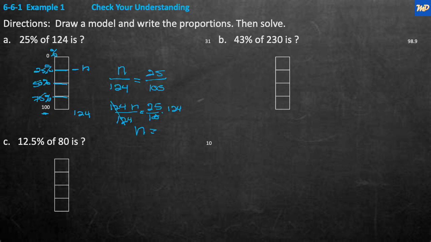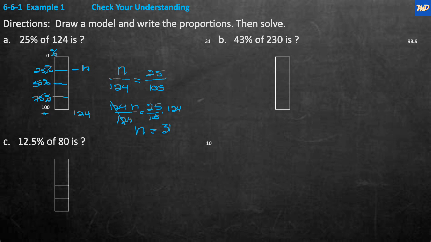I guess we could look at it that way, or we could multiply 124 times 25 and divide by 100. With your calculator, you're going to find that the answer is 31. So 31 is what n is equal to, and 31 to 124 is the same as 25 is to 100. Okay, your next problem.